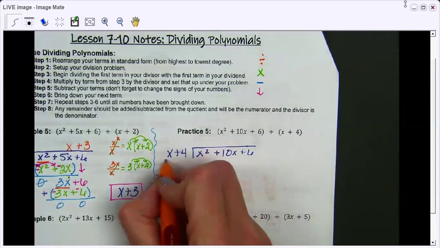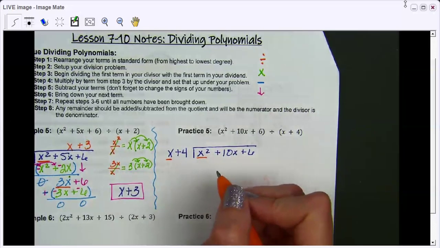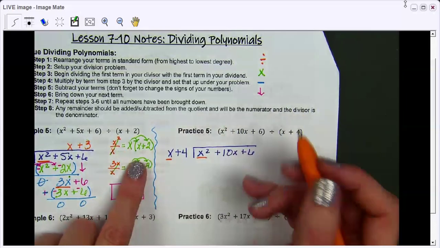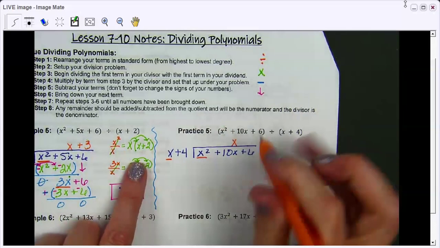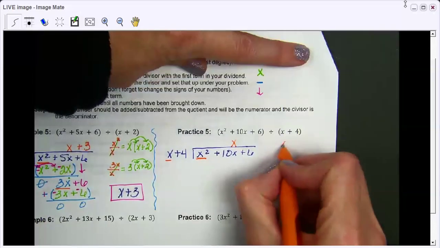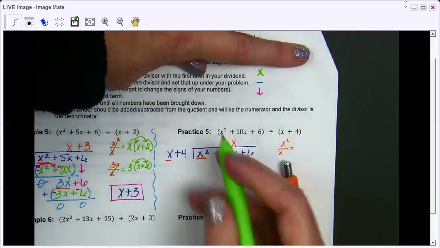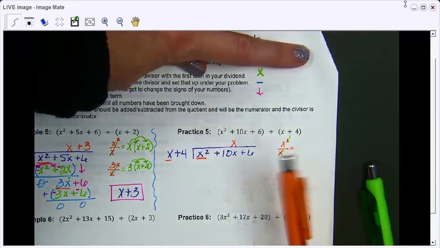So we're going to take x and figure out how many times it goes into 1x squared. And we did that up here already. So how many times is it? Just x. Now, if that's confusing, just take x squared divided by x, and you get x.